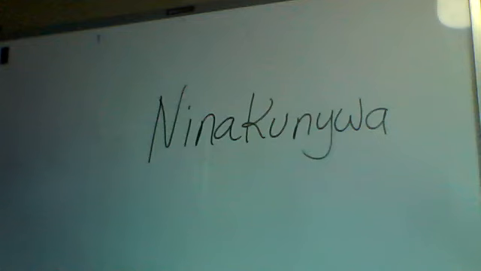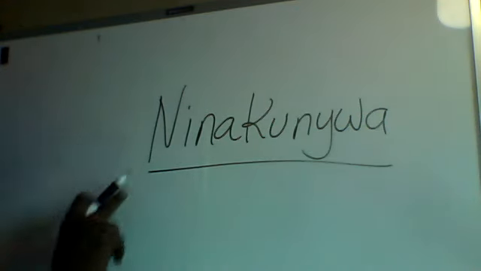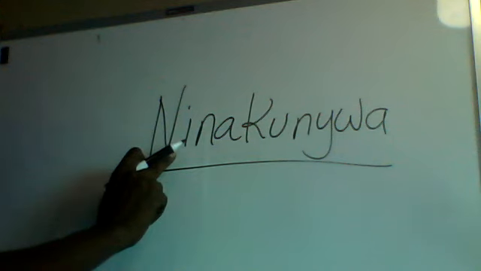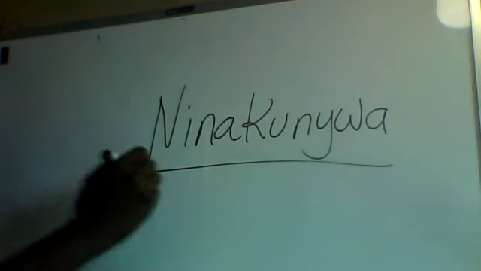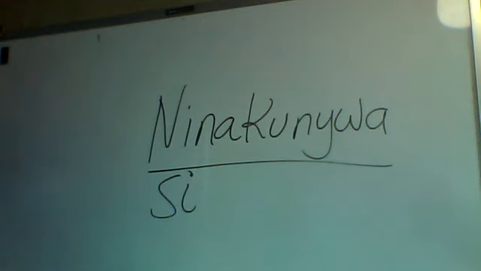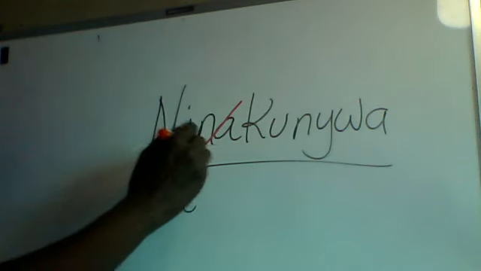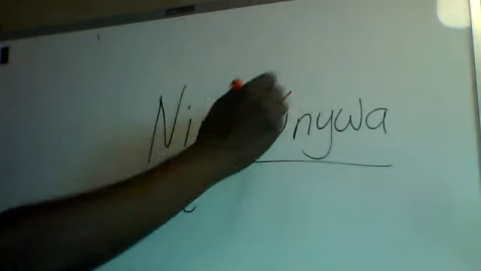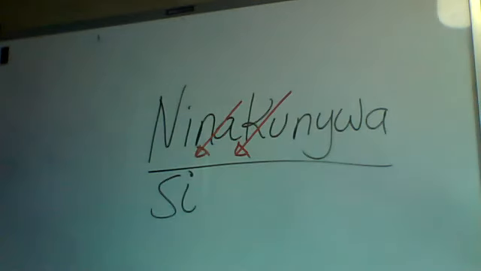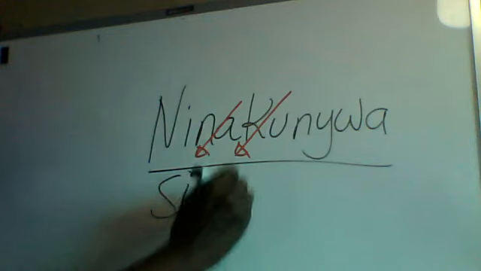As normal, we begin with the negative prefix. The ni is the positive personal pronoun prefix, and its negative is always si. As our rules in the present tense, we drop the tense marker na and also the ku of the infinitive or gerund. Then we remain with the monosyllabic verb, which is nywa.